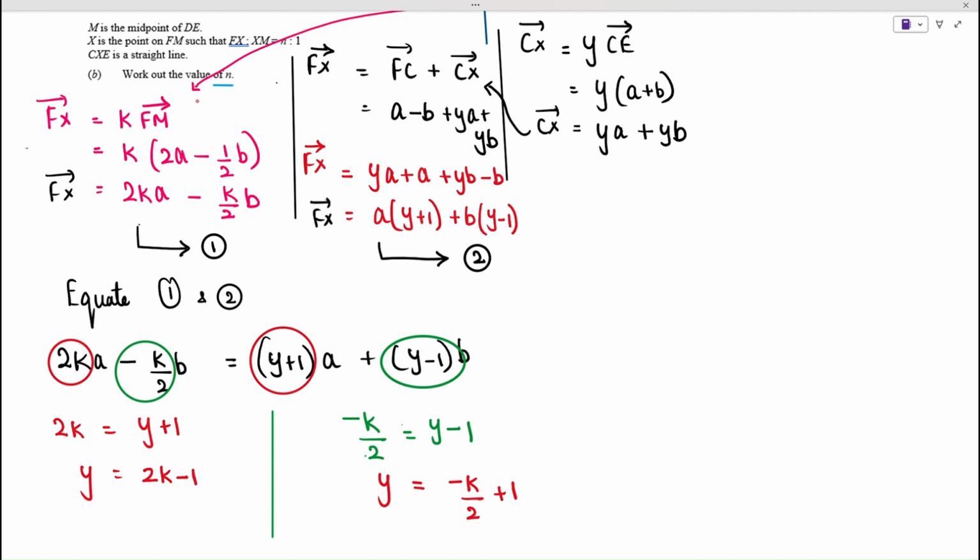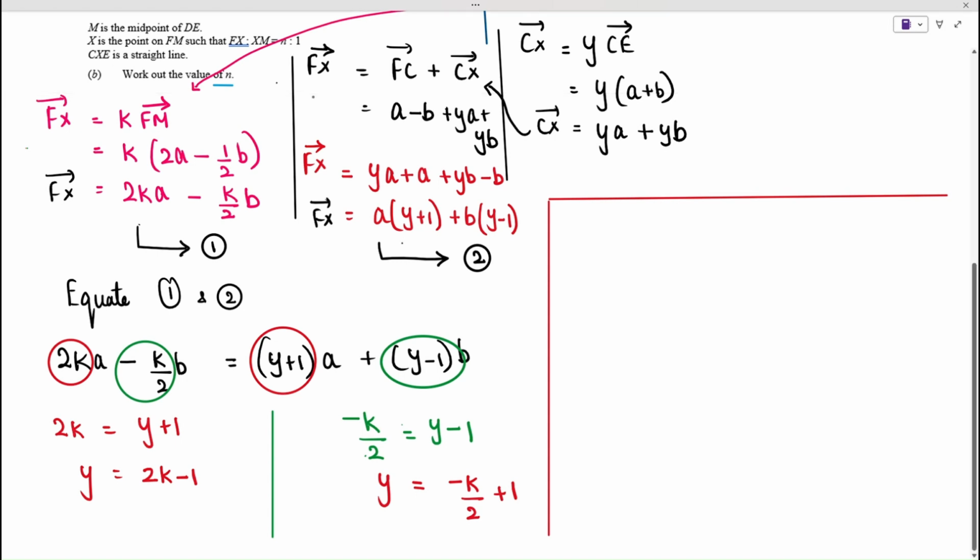Now we're going to equate these two new equations to each other. So we have 2k minus 1 is equal to minus k over 2 plus 1.